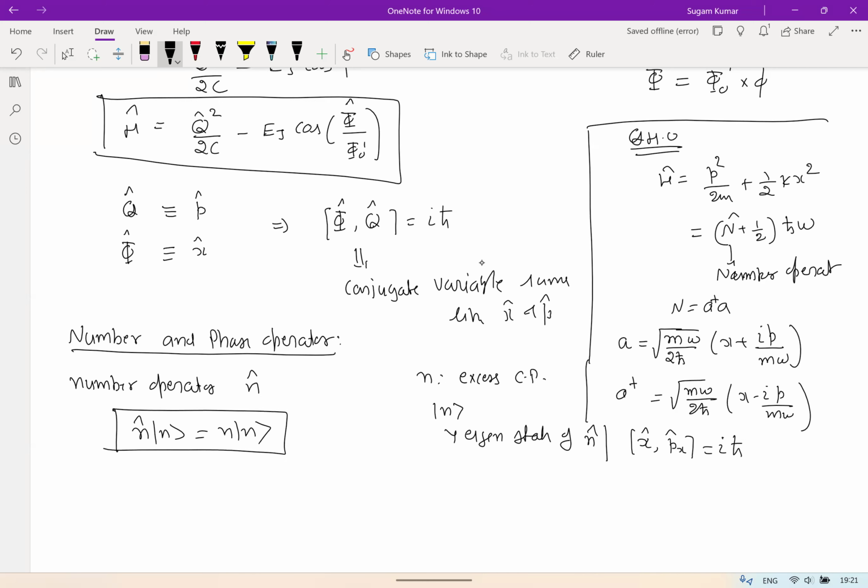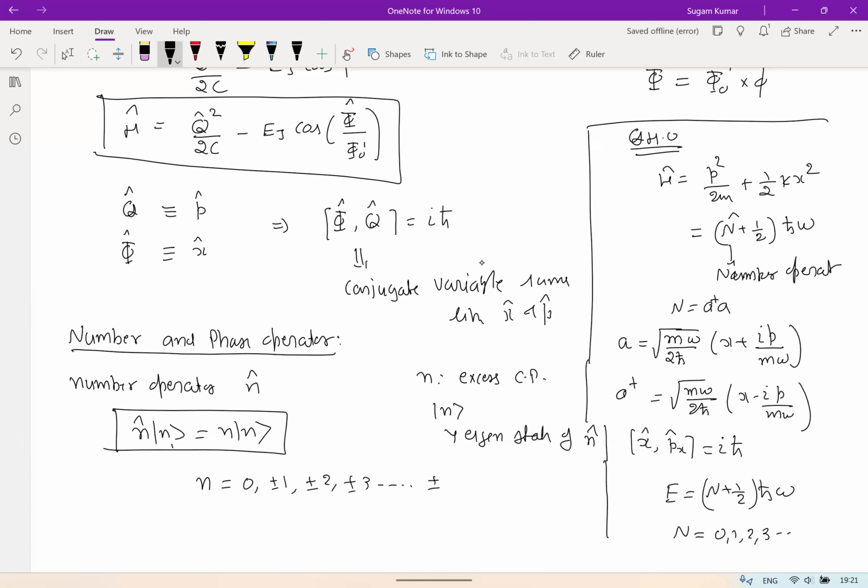But keep in mind, in the harmonic oscillator, for example, the energy is equal to (n plus half) h cut omega, and there n takes the values 0, 1, 2, 3, and so on. But here I already told you this n can take the values 0, plus minus 1, plus minus 2, plus minus 3, and so on.